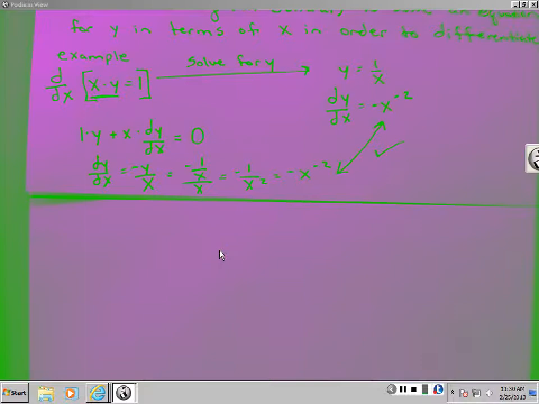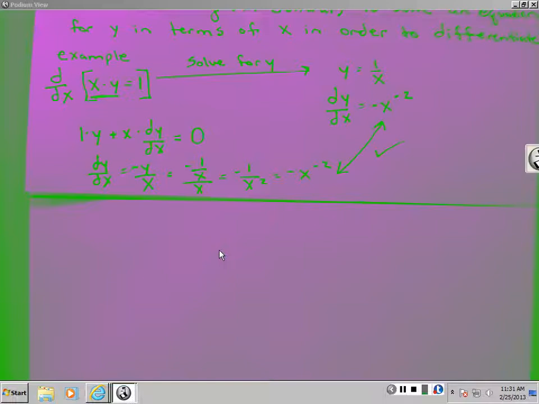So here this is the derivative as a function of x and y. If y can be written as a function of only x, you can write it like this, which would be the original thing we got here, right? However, sometimes it's impossible to solve for y by itself. And when it's impossible to do that, you can leave your answer in terms of x and y.